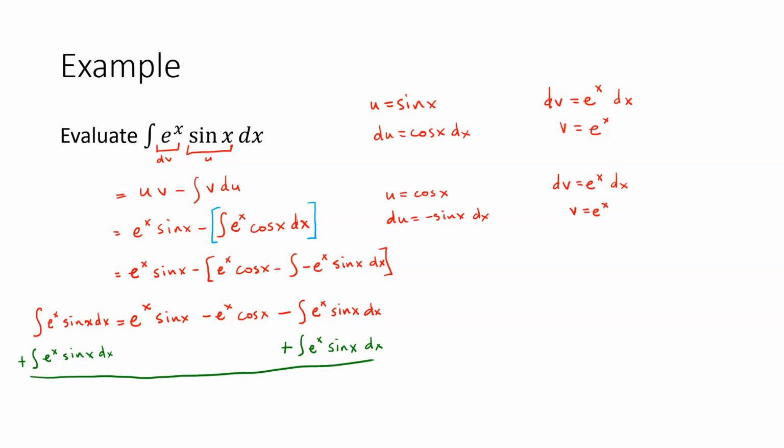So combining it over here on the left-hand side, I have 2 times the integral of e to the x sine x equals e to the x sine x minus e to the x cosine x. And then finally, to get the integral by itself, I'll divide out the 2.